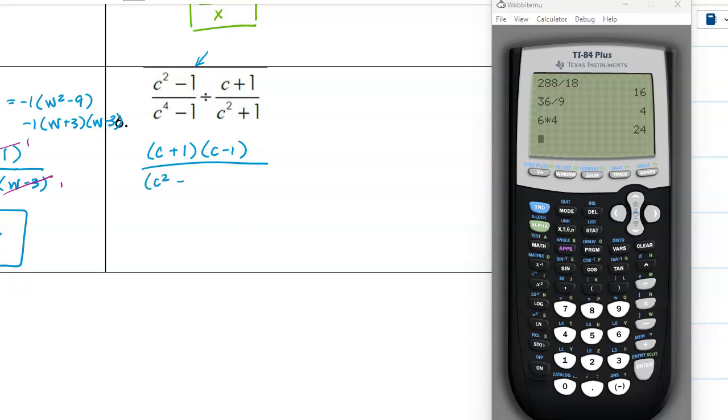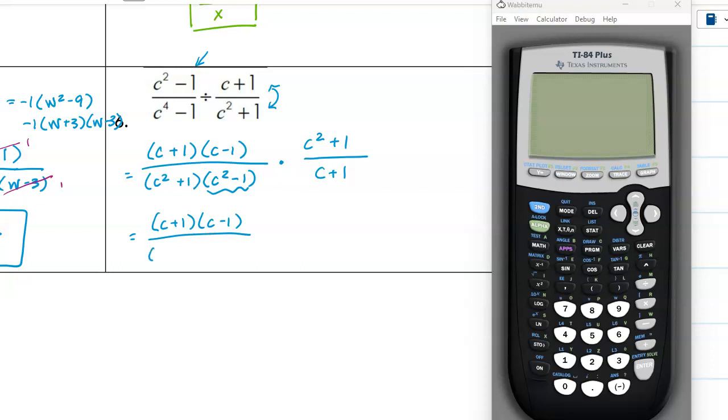So C squared plus 1, C squared minus 1, times, I'm just going to take the reciprocal of this, C squared plus 1 and C plus 1. Look at this right here. We can also factor that out. That's a difference of squares. So we're going to end up with C plus 1, C minus 1, C squared plus 1, C plus 1, C minus 1.